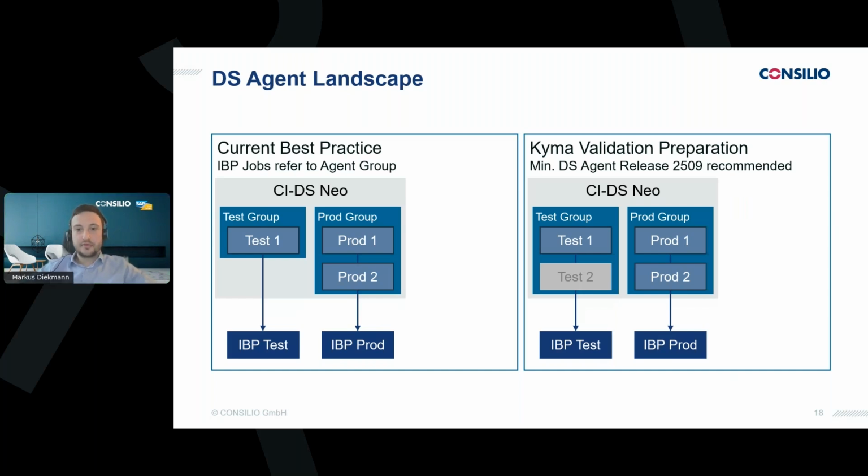To continue with the validation, our recommendation is to create a new agent for the Kyma validation in the test group, as you can see on the right side. So we recommend you to create a second agent to not be restricted during the validation in, for example, development or some testing purposes in your test system IBP.